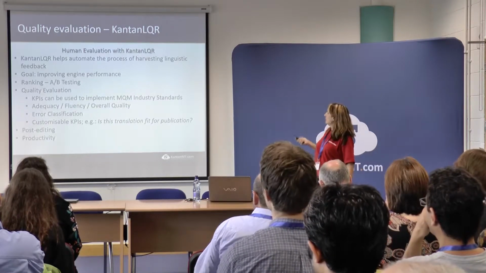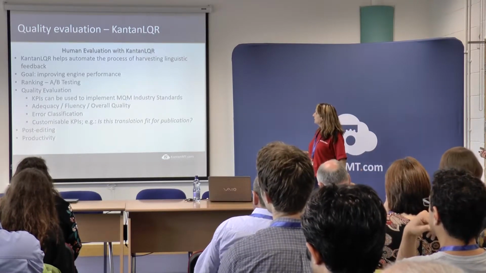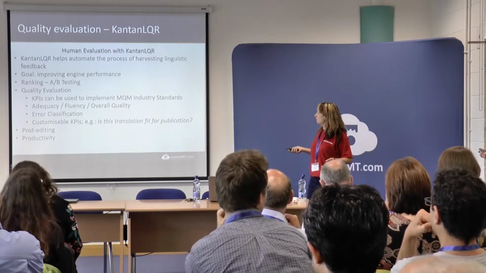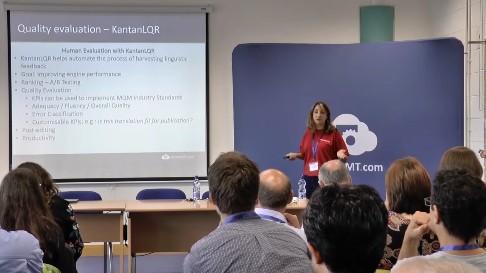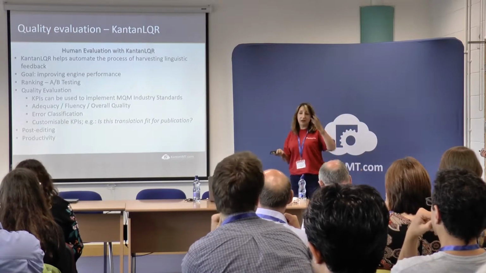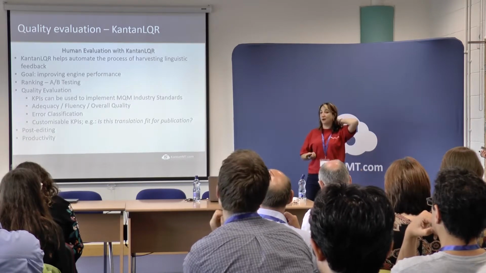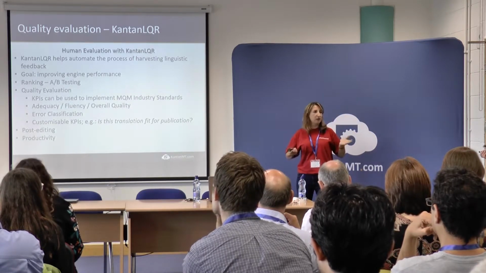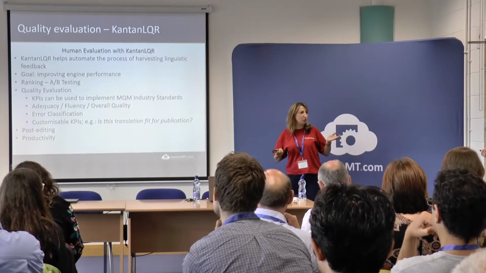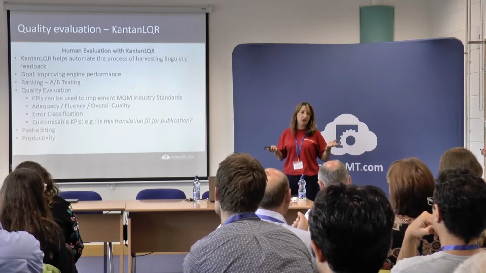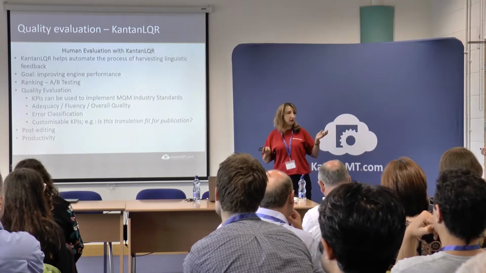So anyway, human evaluation with KantanLQR. The aim of KantanLQR is to automate the process of linguistic feedback and quality. And to be honest, we've done all these evaluations with Dimitar. We thought that we couldn't do them in 2 weeks, and we had everything done in 2 weeks, with like 15 evaluators. It was just crazy.